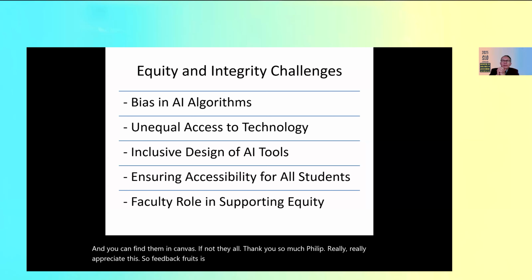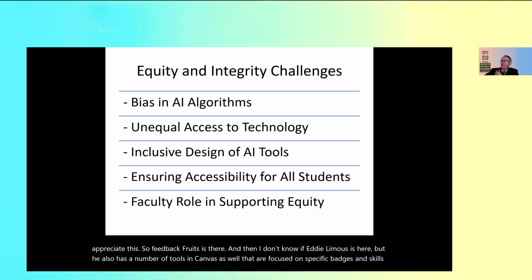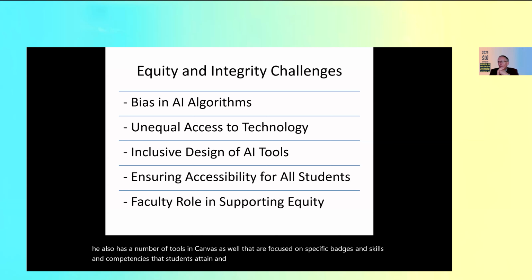And then I don't know if Eddie Lim is here, but he also has a number of tools in Canvas as well that are focused on specific badges and skills and competencies that students attain and they progress through the system, through the classroom.